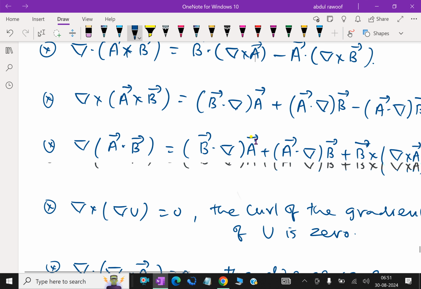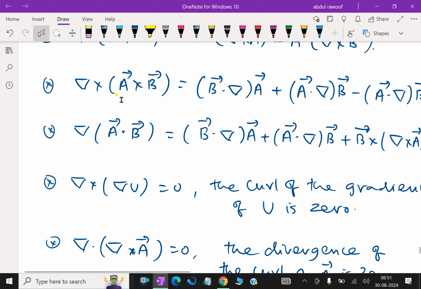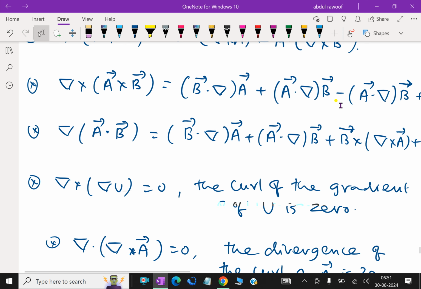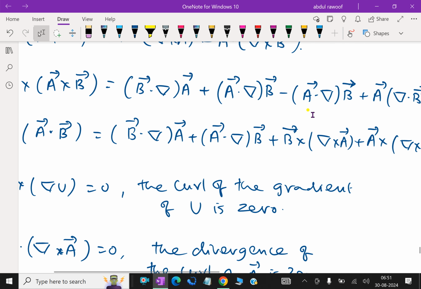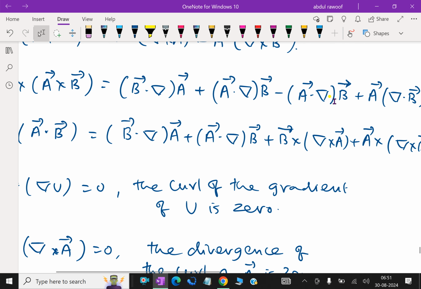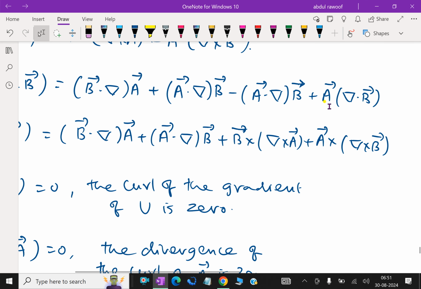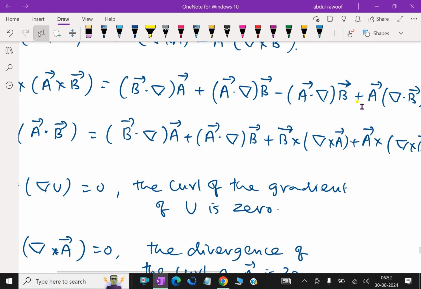Next one, del cross a cross b, all are cross here, cross product of 3 here, which is equal to b dot del of a vector plus a vector dot del b vector minus a vector dot del b vector plus a vector of del dot b vector.